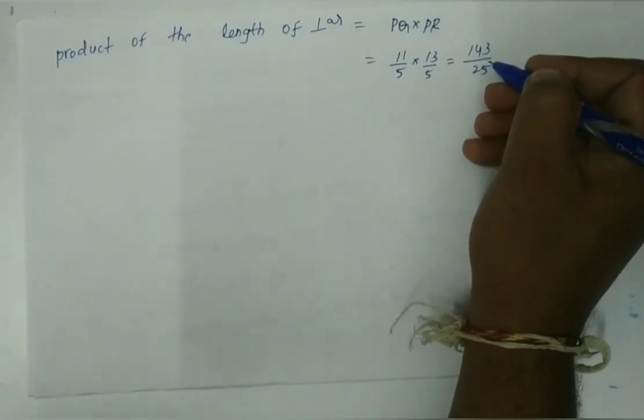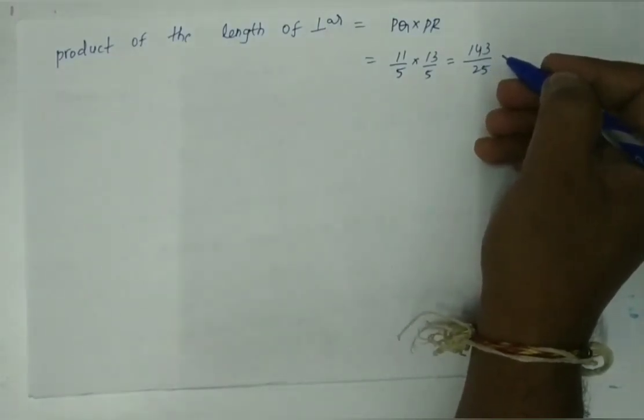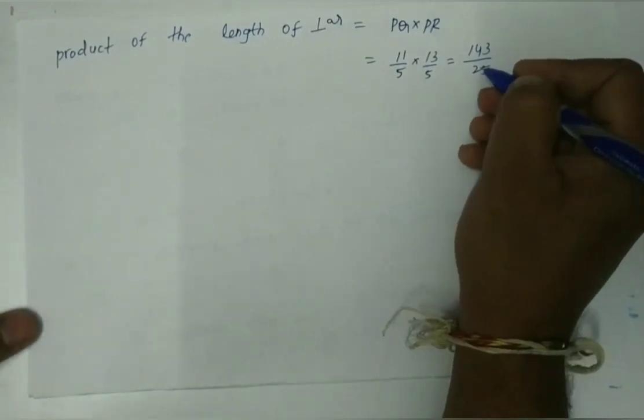Okay, so this is the product of the perpendicular distances from the point (2, 1) to the straight lines represented by the equation S = 0.